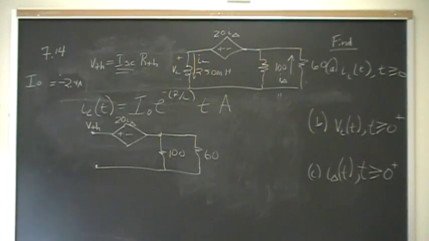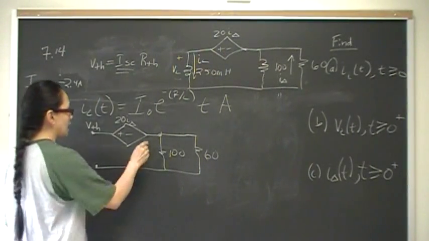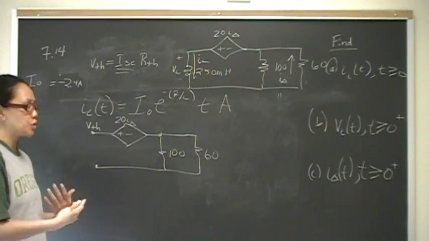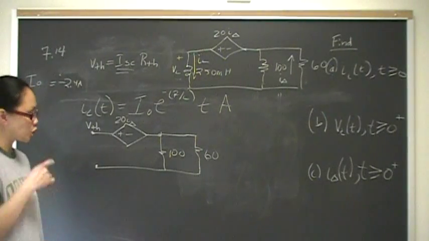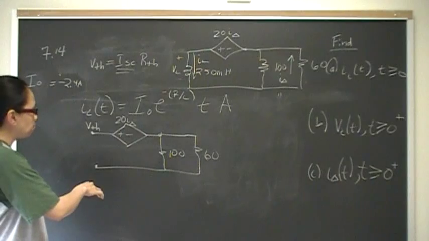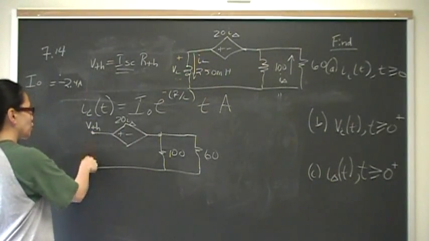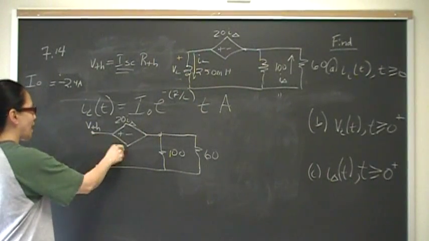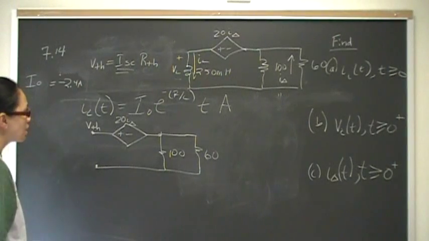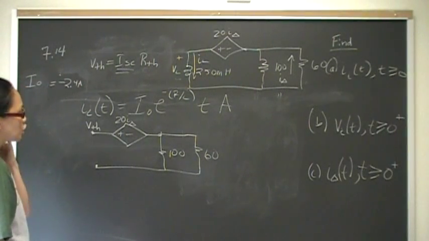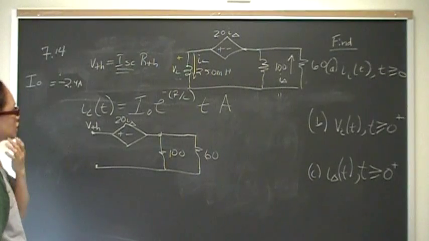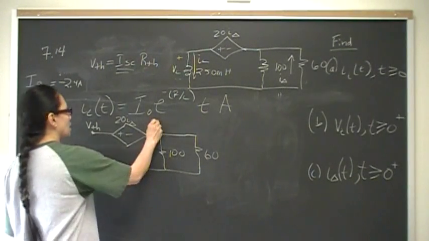How do we find V Thevenin and I Thevenin? Well, we have to use the node voltage method or the mesh current method. We could have shorted this out and then said, okay, I have 2.4 amps. That would work as well. But I'm going to choose the node voltage method, which works equally well.